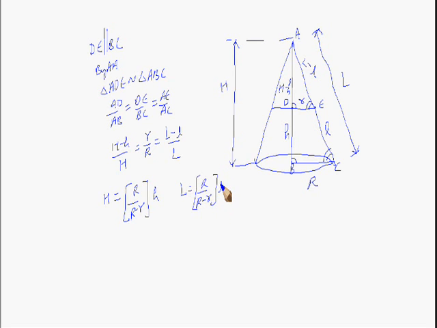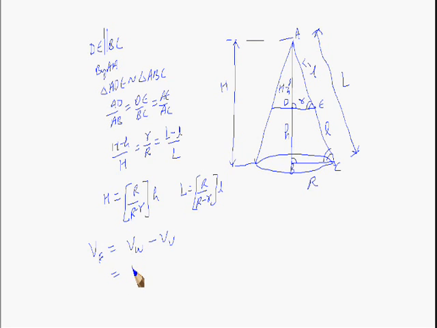Now, we can find the volume of the frustum by subtracting the volume of the upper cone from the whole cone.